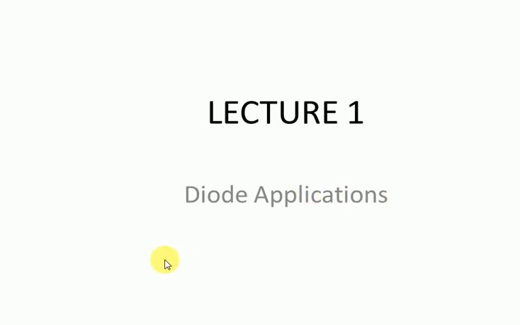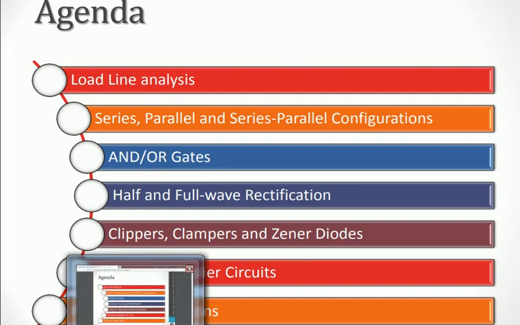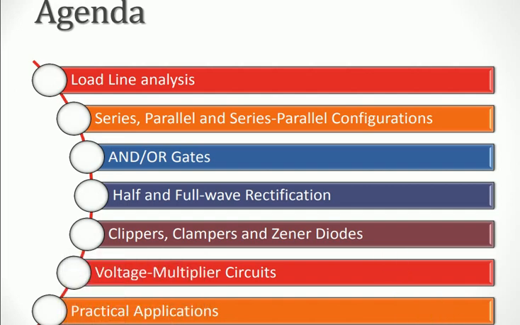Here is the agenda: load line analysis, then series, parallel and series parallel configurations and OR gates, half and full wave rectification, clippers, clampers and Zener diode, voltage multiplier circuit, and last is practical application. First of all today we will discuss the load line analysis.